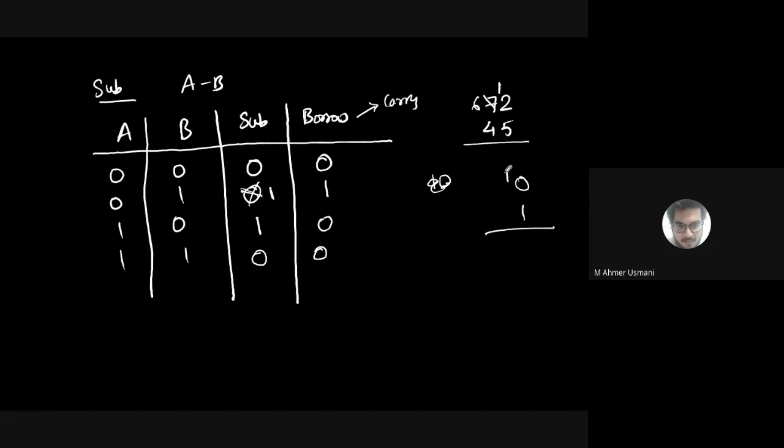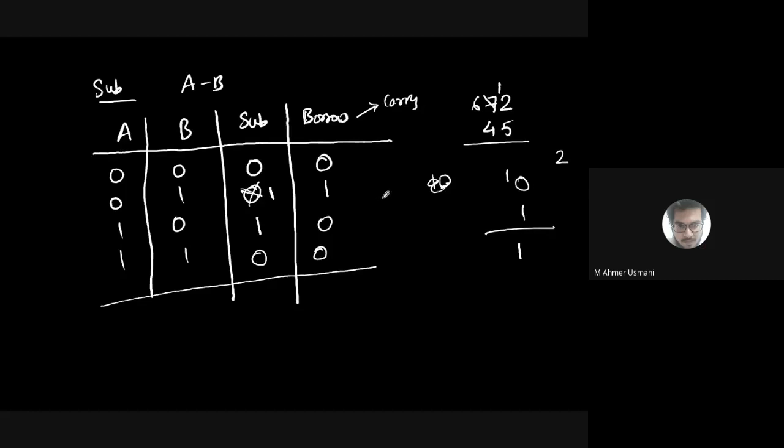Now it becomes 1 0 in binary, which is nothing but 2. From 2, if 1 goes, what will you get? 1. That is why it should be 1 over here. So there will be 1 borrow and 1 subtraction. Is that clear? Yes. Okay, so this is the truth table for subtraction.